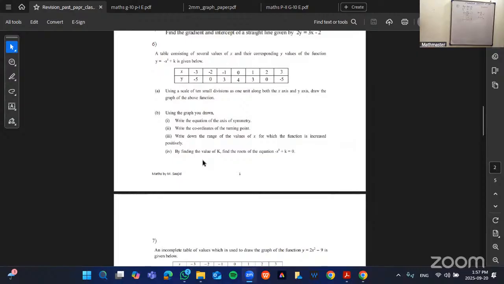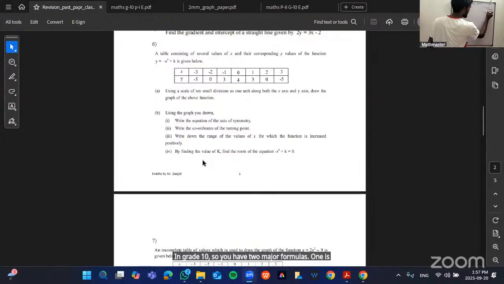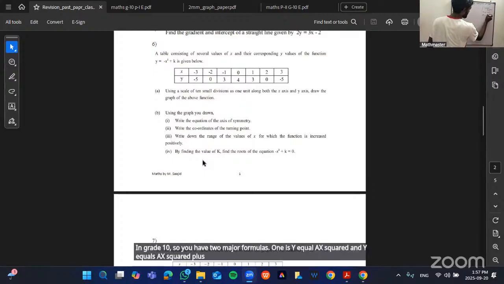So curve graphs. Curve graphs is also a huge lesson. I'll just give you a small recap of that as well. A small one, right? Because I can't give a big one. It's a big lesson, so I'll give a small touch of that. Curve graphs you have studied in grade 10. You have two major formulas: one is y equals ax squared and the other is y equals ax squared plus b.